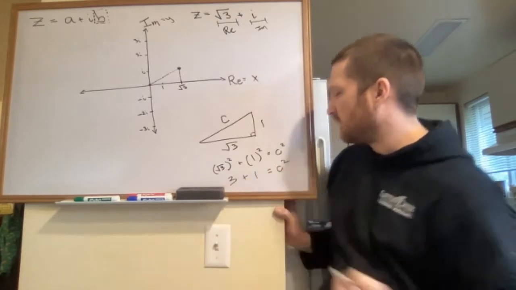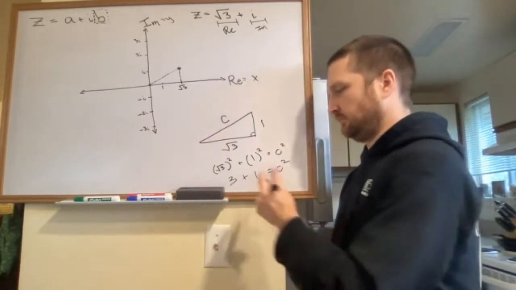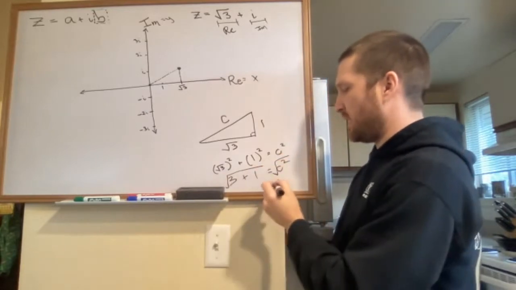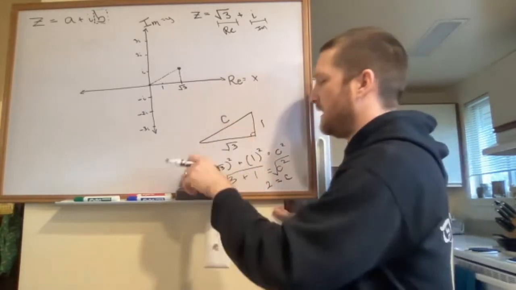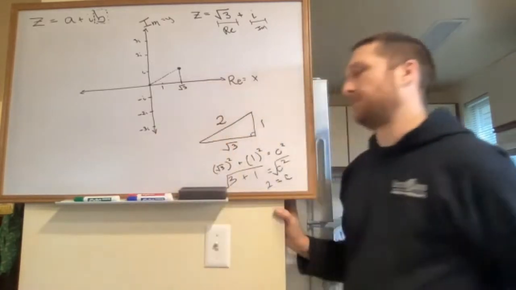And then so 4. The square root of 4 is equal to c, which is 2. There we go. That length right there should just be 2.